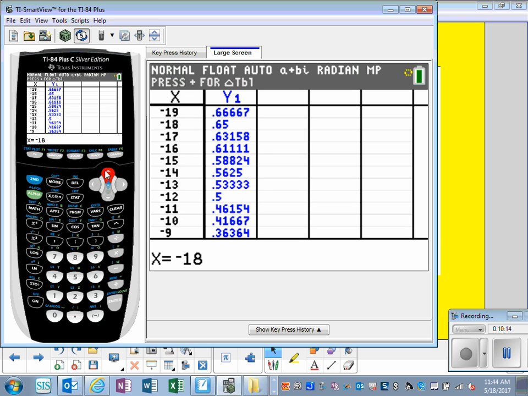It gets higher, higher, but it doesn't seem to ever reach 1. What it means is that my left end behavior seems to be 1. That should be my horizontal asymptote value. It gets very close to 1, but it never reaches 1.